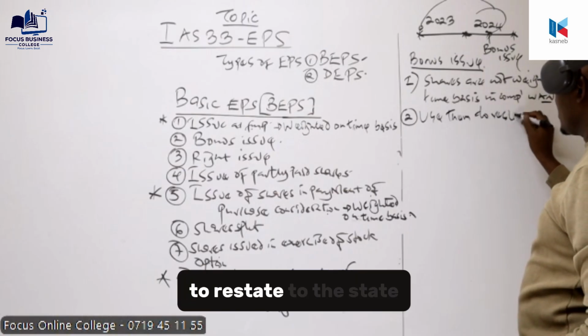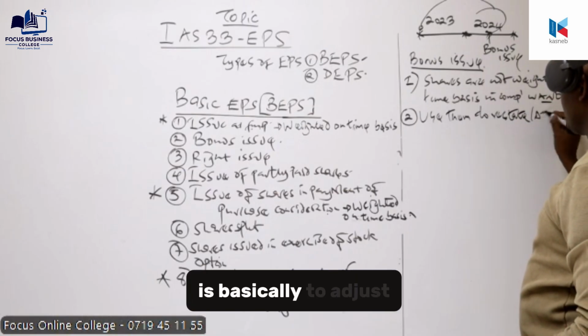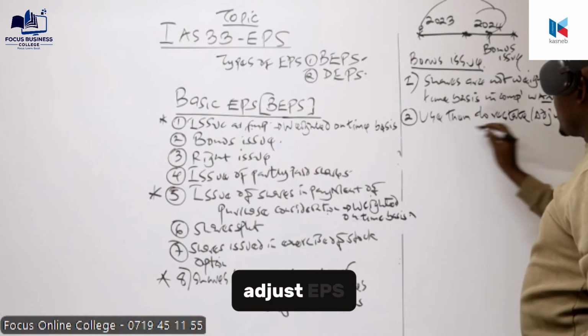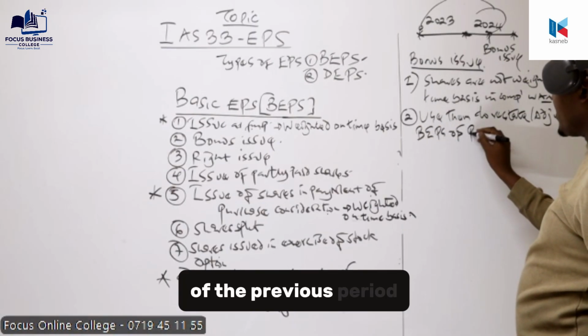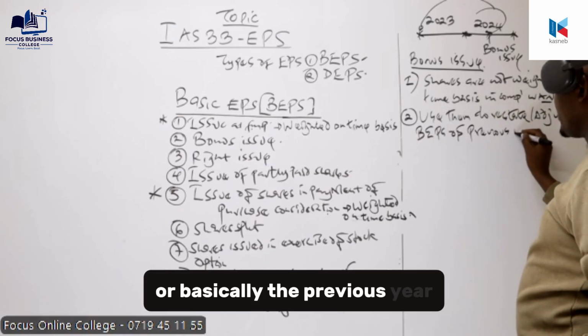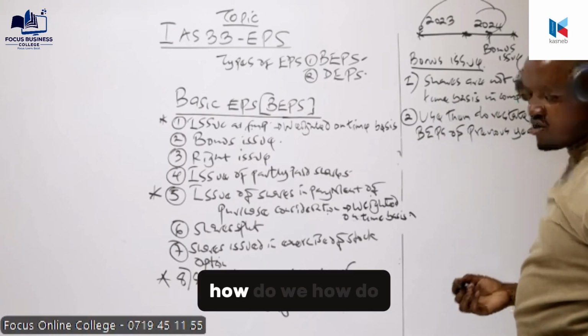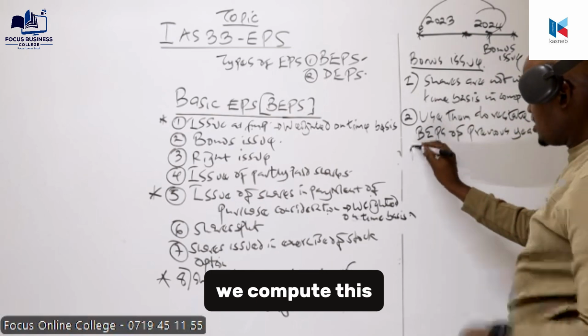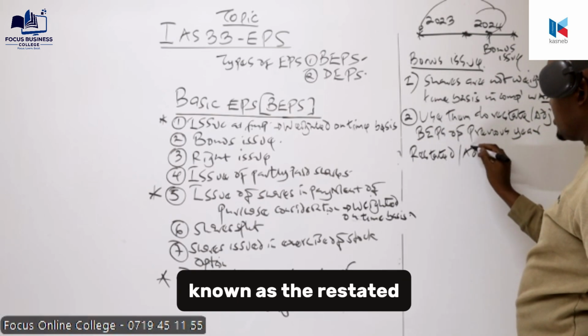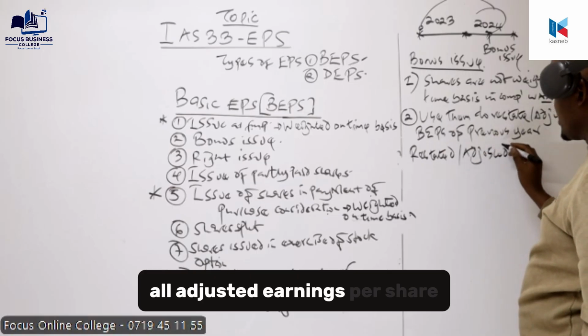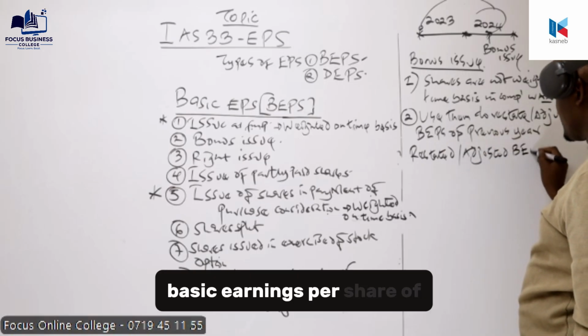To restate. To restate is basically to adjust the basic EPS of the previous period, or basically the previous year. How do we compute this restated, or adjusted, basic earnings per share?